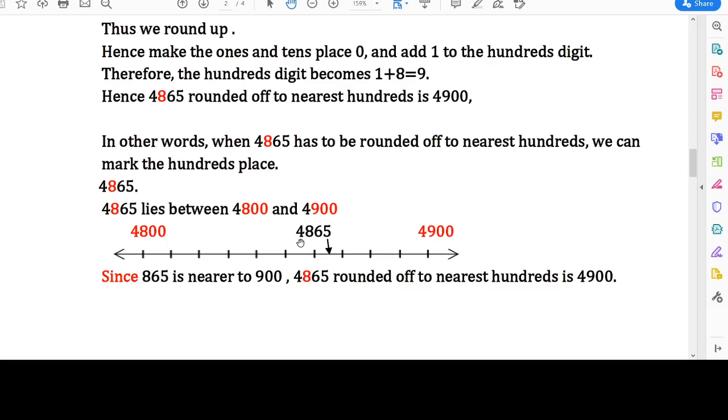So you can clearly see 4865 is lying between 4860 and 4870. 4880, 4890, and this is 4900.